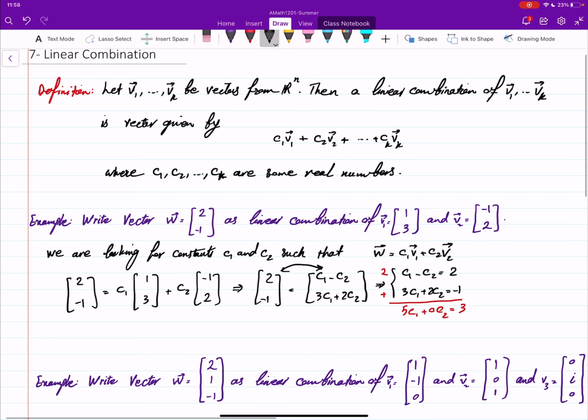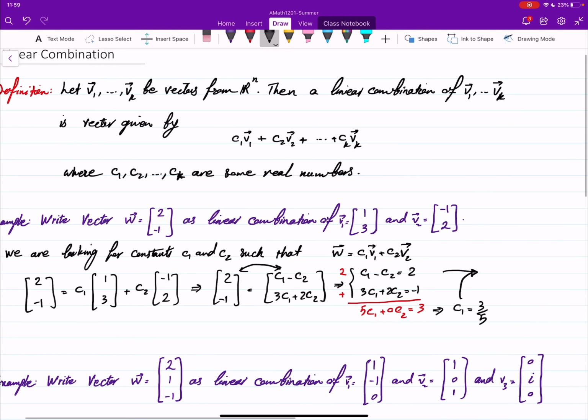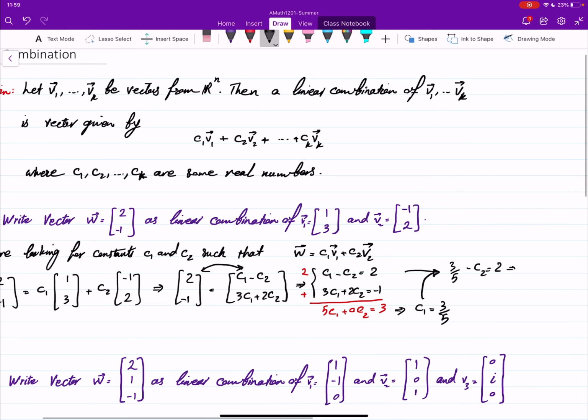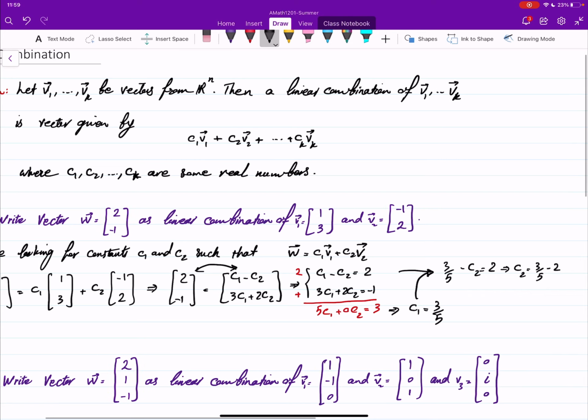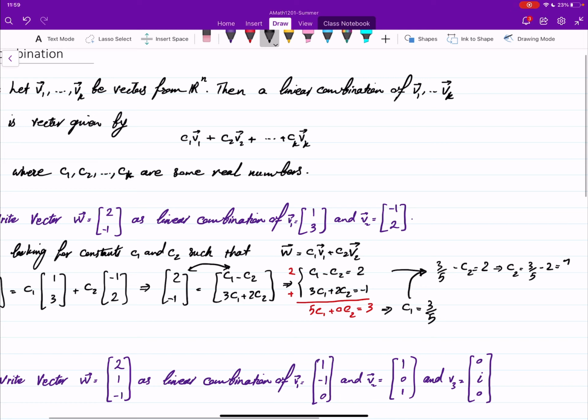That means that we have found c1, which is 3 over 5. Now, I take that 3 over 5 and plug it into the first equation. So 3 over 5 minus c2 is equal to 2. That means that c2 is going to be 3 over 5 minus 2, which is equal to negative 7 over 5.